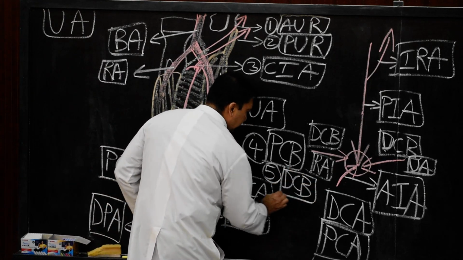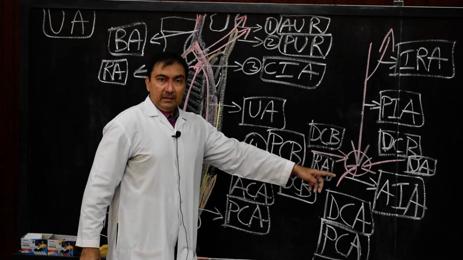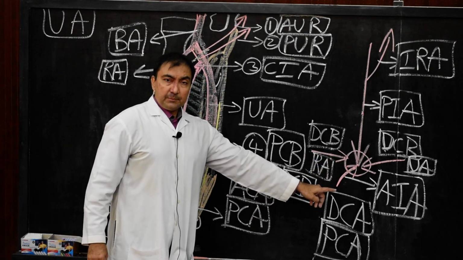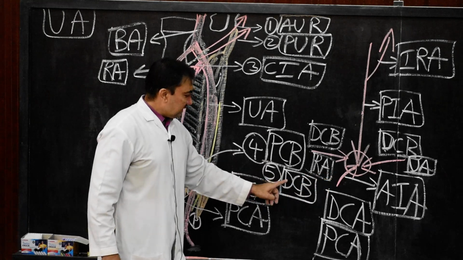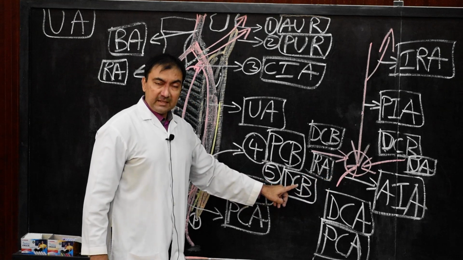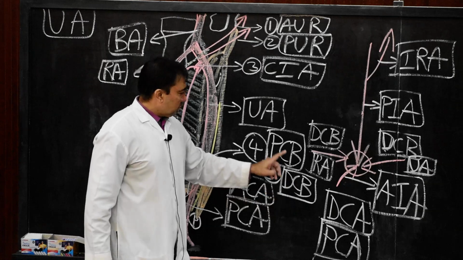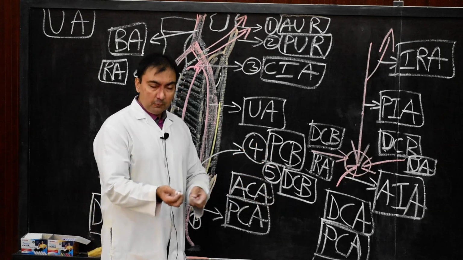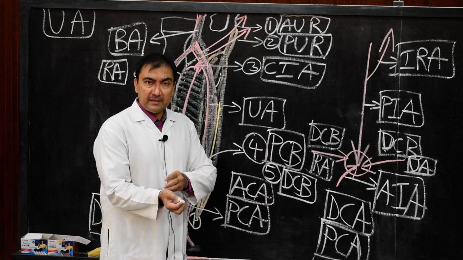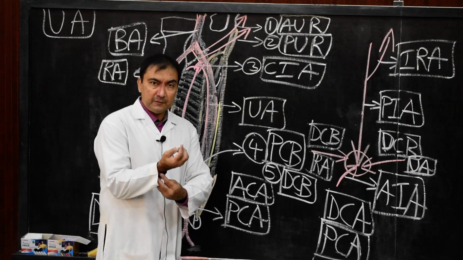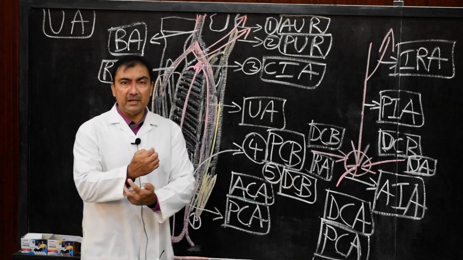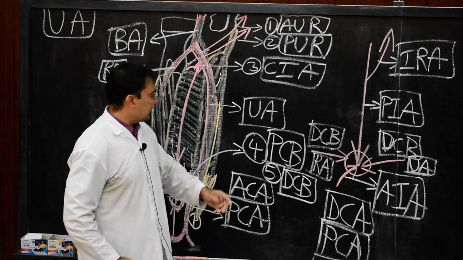Remember the dorsal carpal branch which I have explained here? That will participate in the posterior carpal arch or dorsal carpal arch. So the dorsal carpal branch of the ulnar artery, that is branch number 5. So branch number 4 and 5, very simple. Palmar carpal branch of the ulnar artery is branch number 4, and branch number 5 will be the dorsal carpal branch of the ulnar artery. So these are the 5 branches.